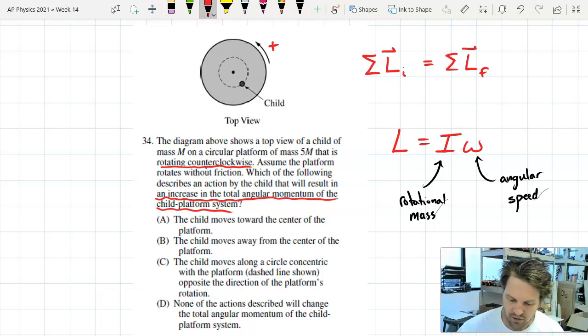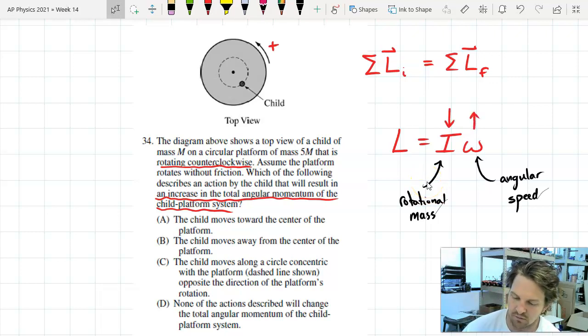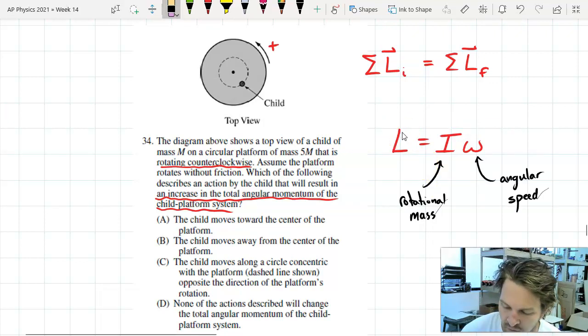If the child moves toward the center, you are decreasing the rotational inertia. So this would get smaller, but that means the platform would just speed up to make sure this stays constant. It wouldn't change the overall amount of angular momentum here. So A is out.